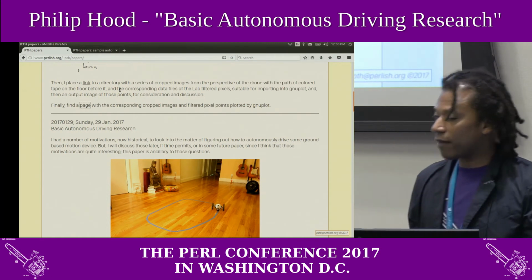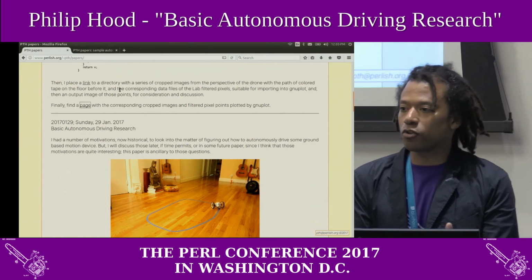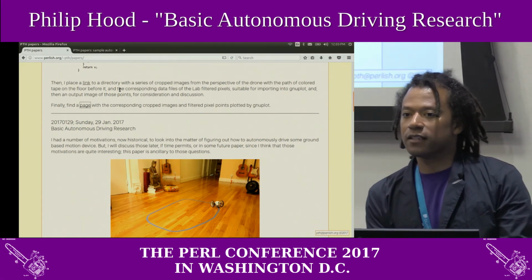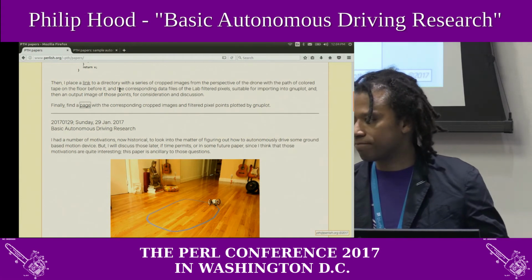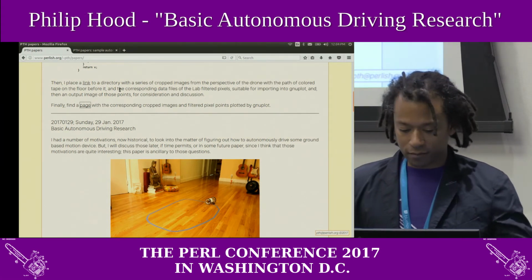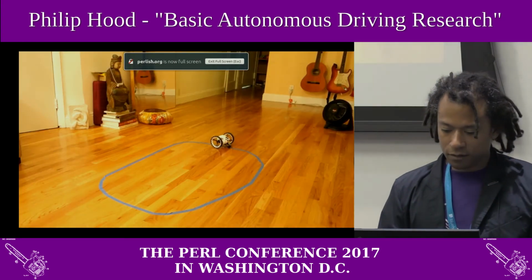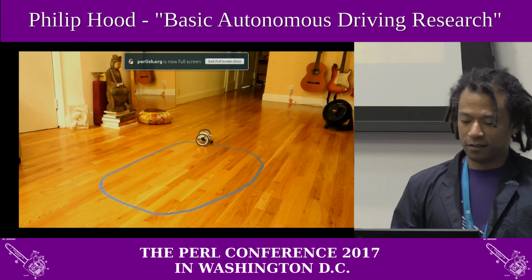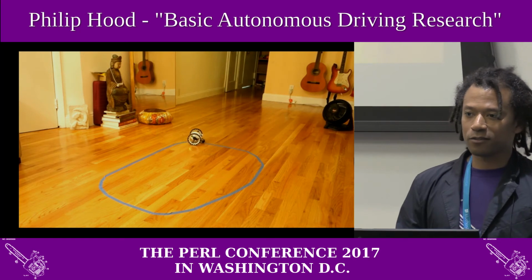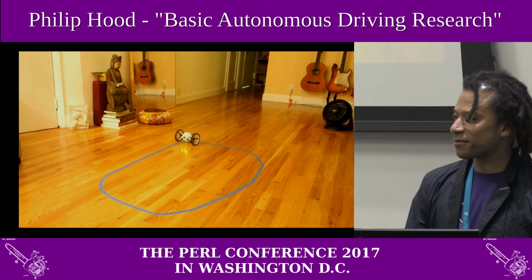Having reverse engineered this, you can then route this into your program, send it, and see if, in fact, a picture is being taken. And that's it. So I will again show you the lovely coursing of the little drone around its merry way.